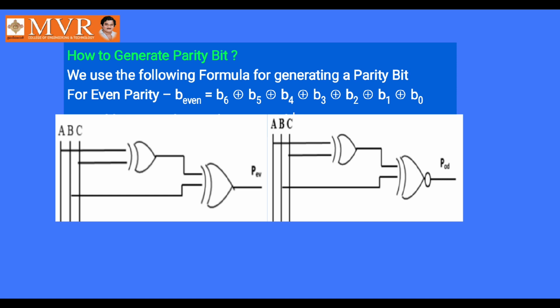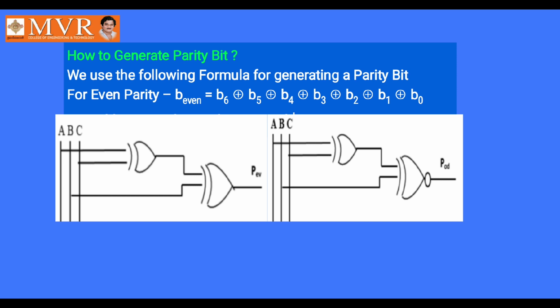If in the 7 bits you have 3 ones and 4 zeros, definitely you will get the B even value as 1. Or else, if you have 4 ones and 3 zeros, then the B even value will become 0. That way, we generate an even parity.